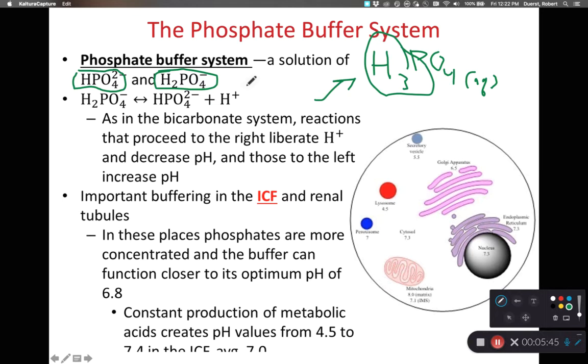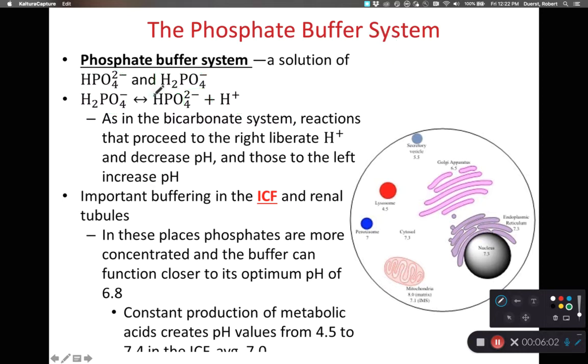These species will oscillate back and forth. As a diprotic species turns into the monoprotic species, it liberates a hydrogen ion. Just like in the bicarbonate system, this oscillation back and forth is reversible. We have that double arrow in that chemical reaction.